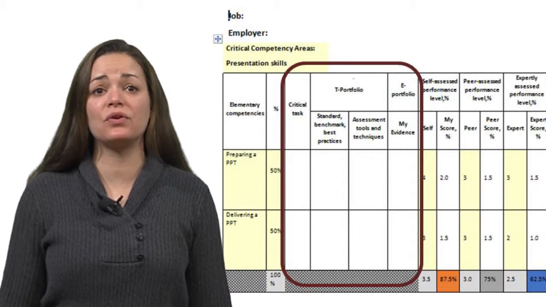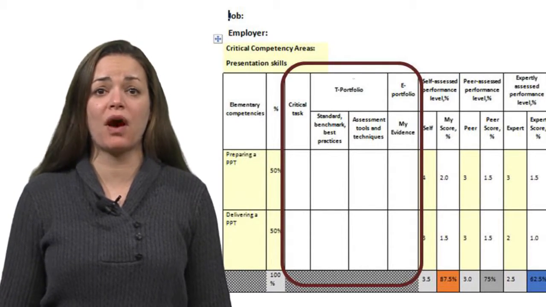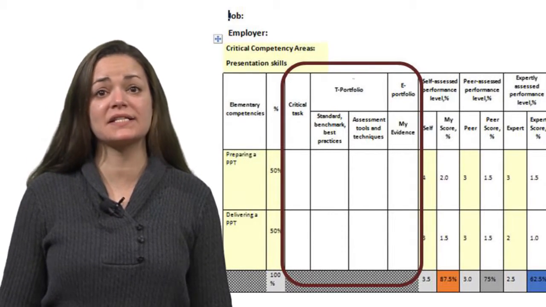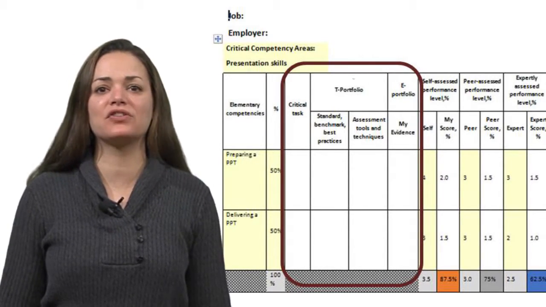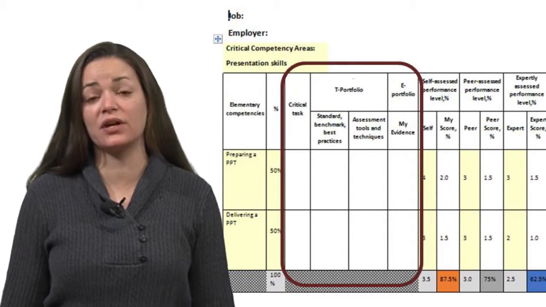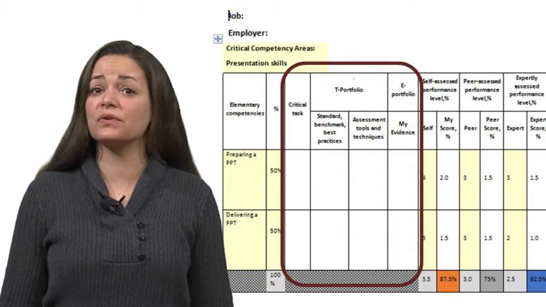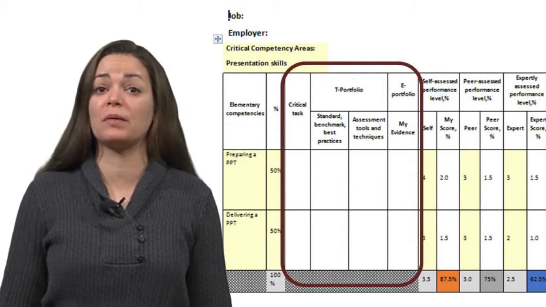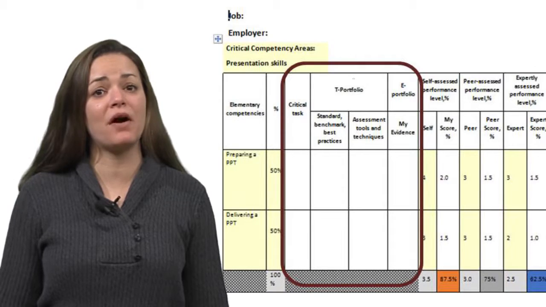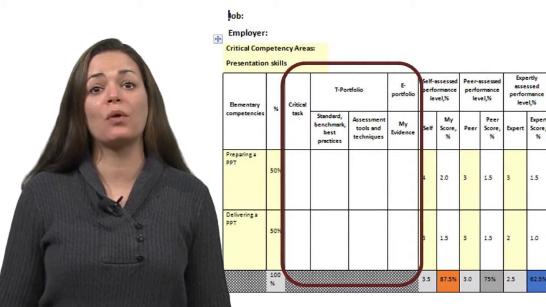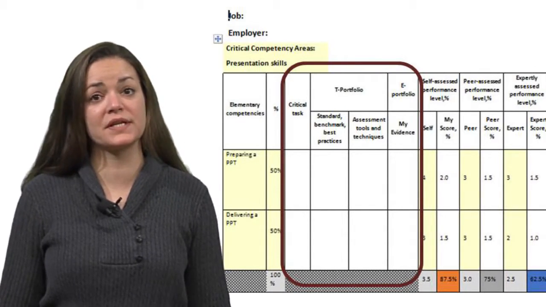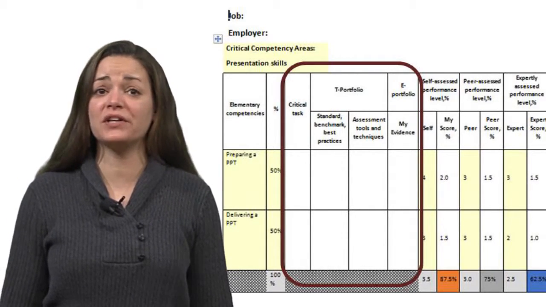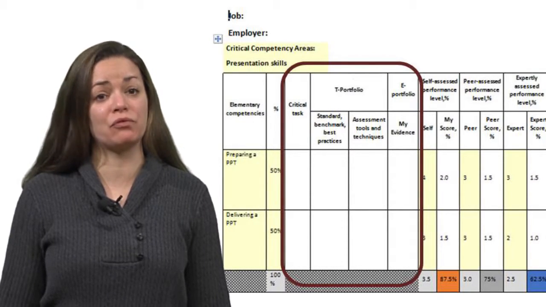Earlier, we discussed how you can clarify what exactly is required on the job in terms of presentation skills, how you can identify critical tasks and required levels of mastery, and determine what standards and evaluation criteria can be used. You also learned how to provide an accurate self-assessment and develop a sound self-improvement plan. All of the above were done in previous courses, where we used 2 supplementary self-coaching tools, a self-assessment grid and a T-Portfolio. If you wish, you can download the templates and repeat the exercise.